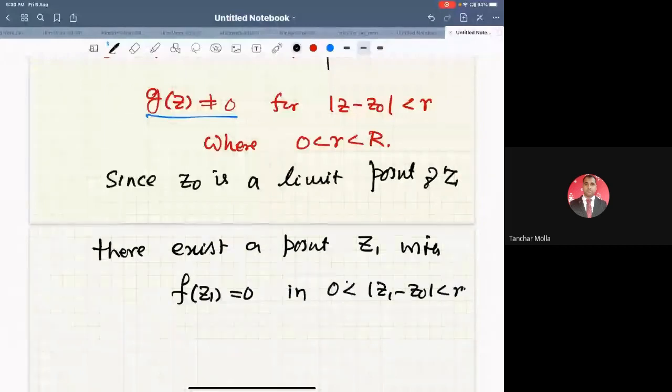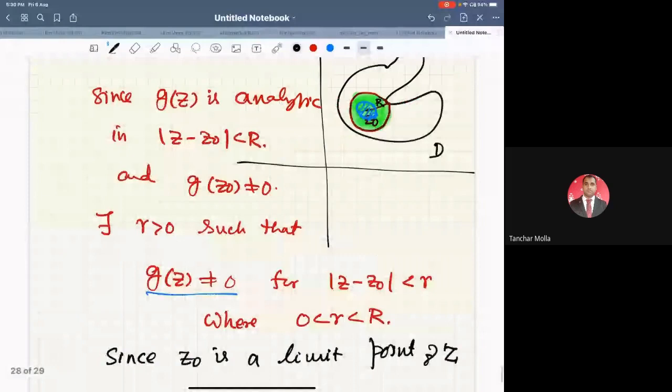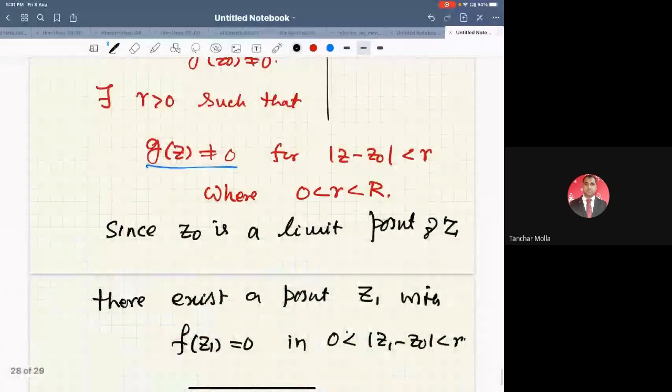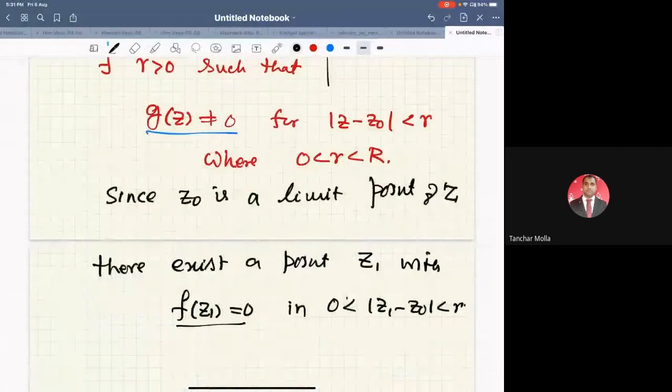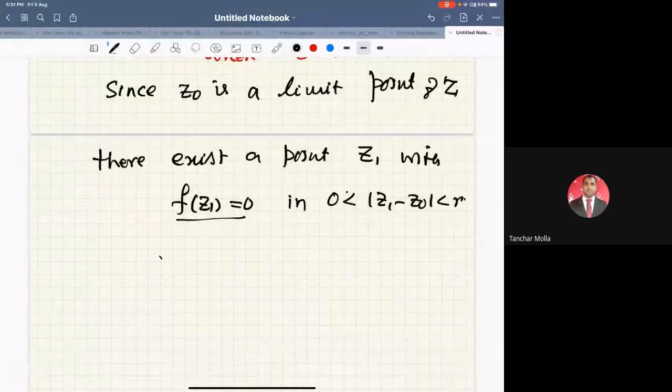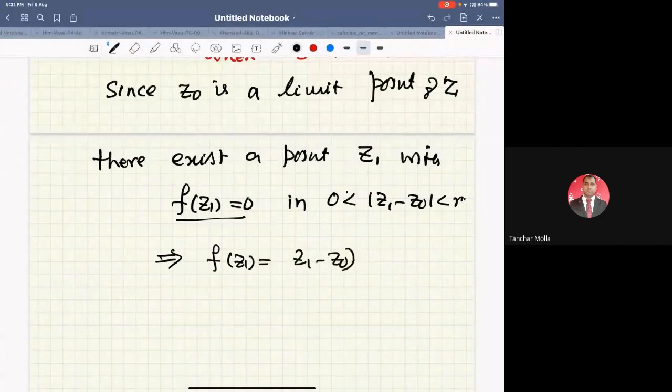Because Z0 is a limit point, you can find in that neighborhood some other point Z1 at which f of Z1 equals to 0. So what does it mean? Your f of Z1 equals to 0, this implies that f of Z1 can be written as Z1 minus Z0 whole to the power of n into g of Z1, which is 0.